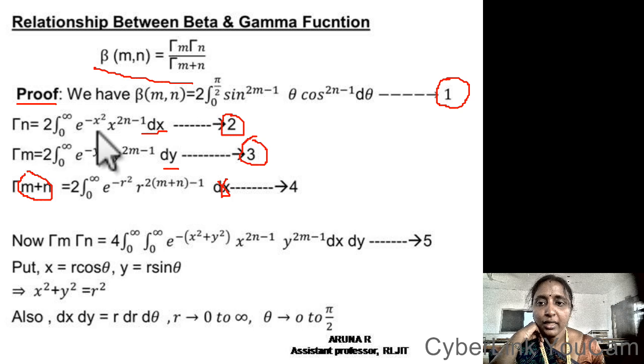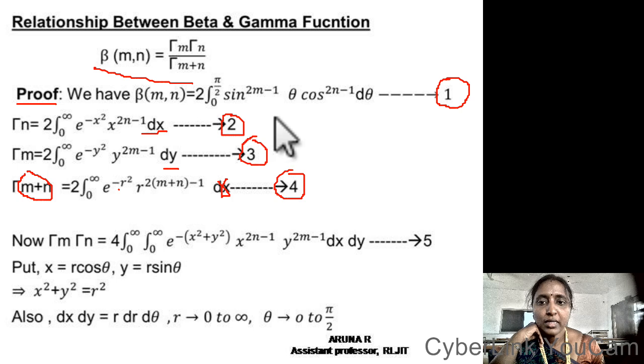Here for n, x square is there, for m I have taken the variable y, and for m plus n I am taking the variable r. So here x to the power 2n, here y to the power 2m, and similarly for m plus n we should have r to the power 2(m plus n), and you call this equation 4.